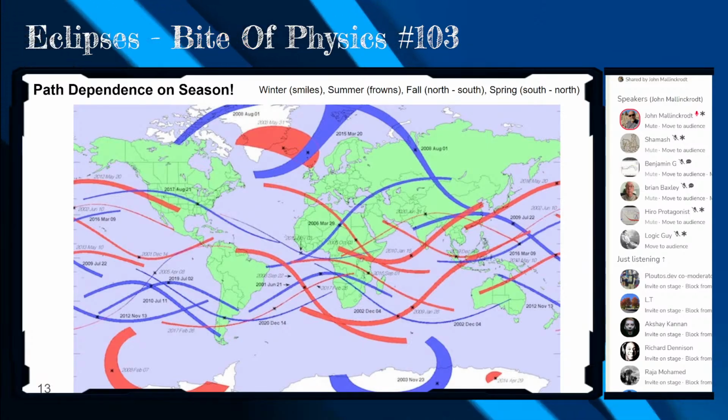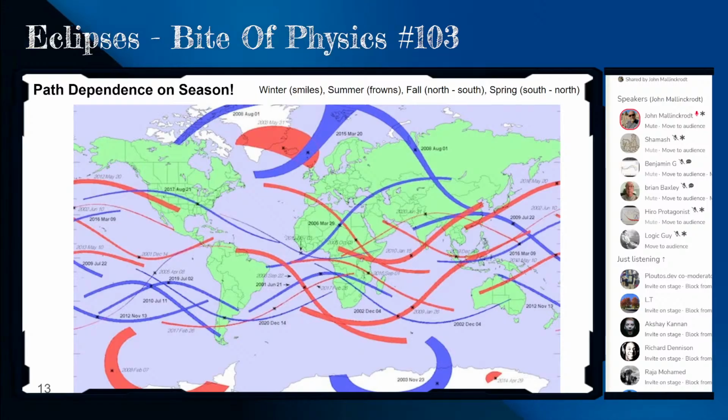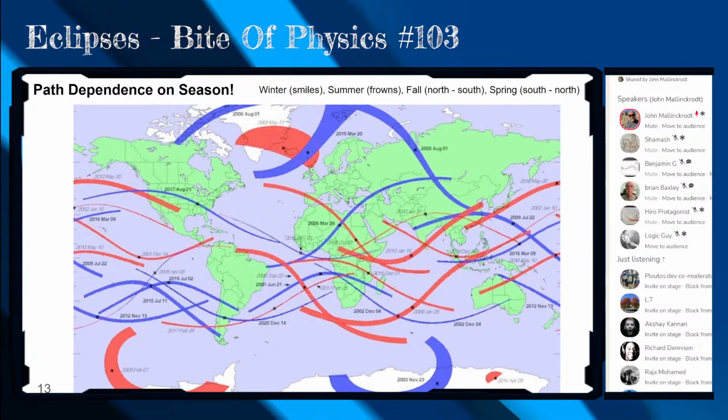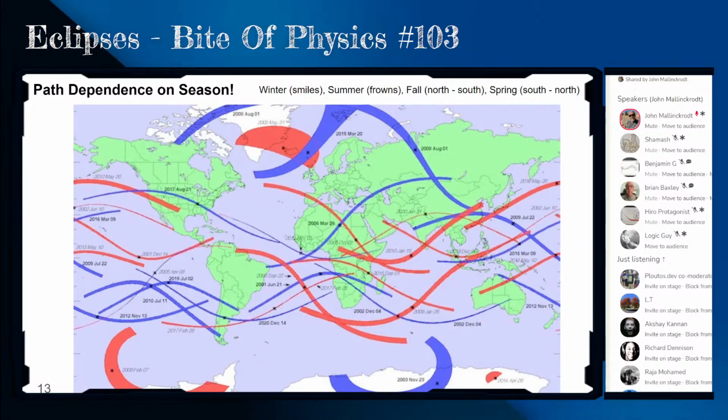But if you look closely, and you might have to look at this diagram on a computer, you'll see that they're all labeled with the dates. All of the winter eclipses, December, January to February maybe, are smiles. All of the summer eclipses, May, June, July, in that region, are frowns.